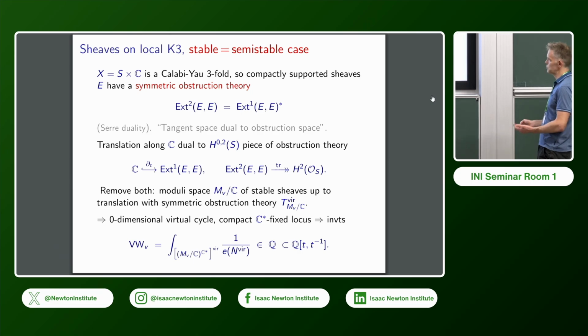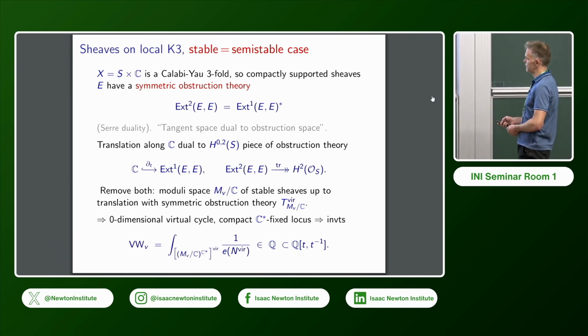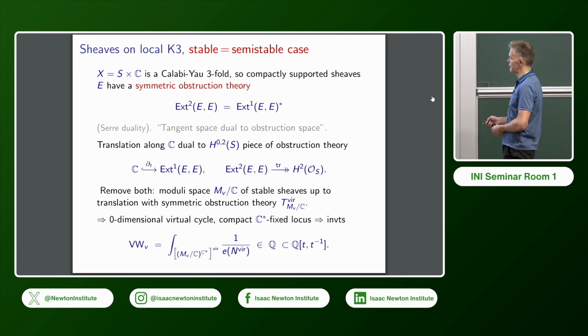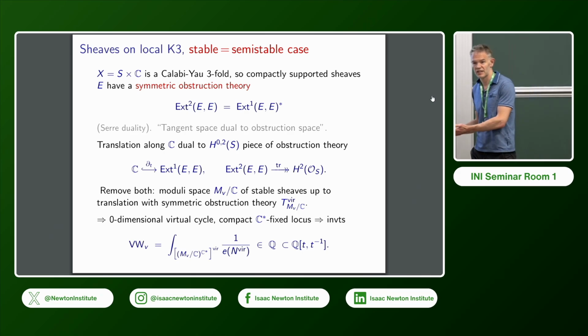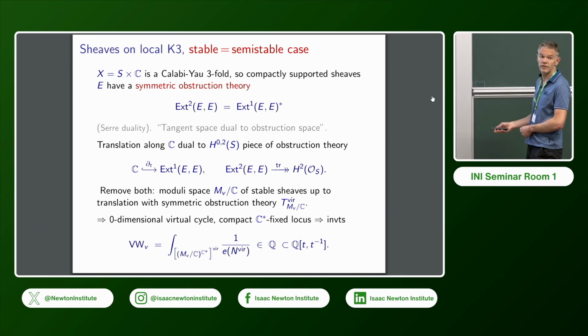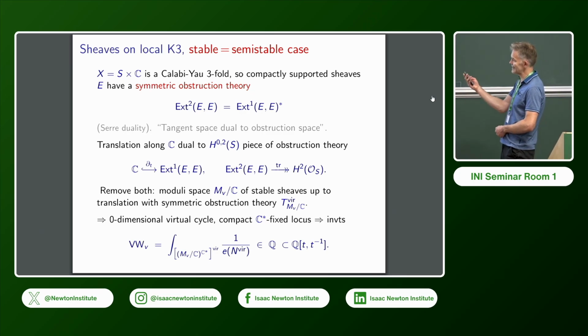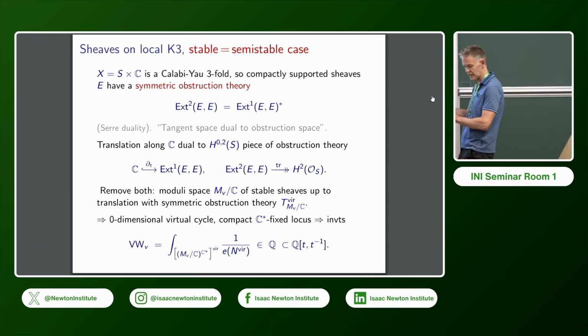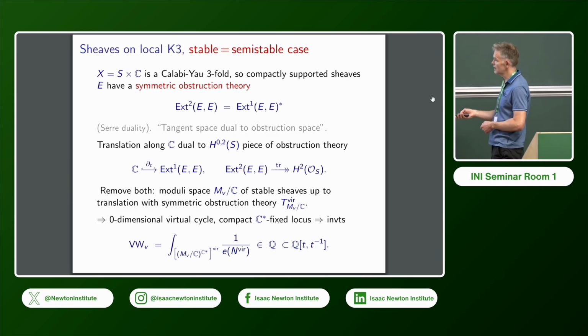And working equivariantly, you've localized the equivariant parameter, you might get a function of t and t inverse. Because the virtual dimension is 0, it turns out you just get a rational number. All right? So in this way, you get enumerative invariants and they're rational numbers. And in this setting of K3 surfaces, which is slightly simpler than more general surfaces, this is the appropriate Vafa-Witten invariant.